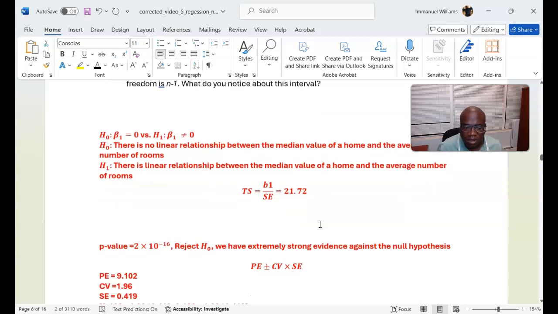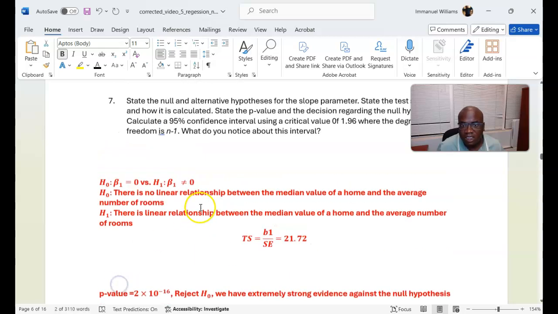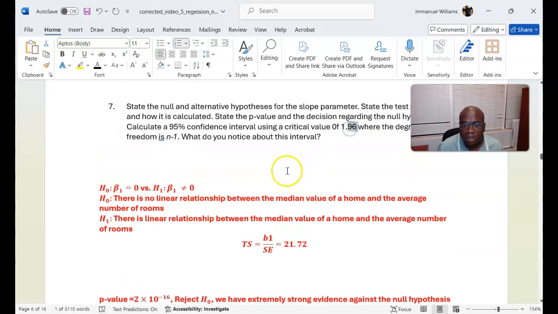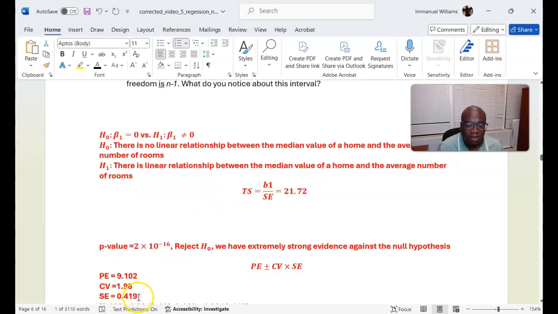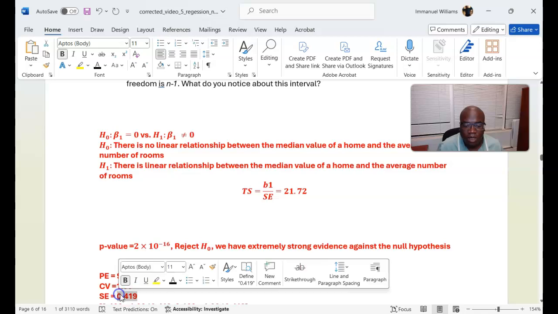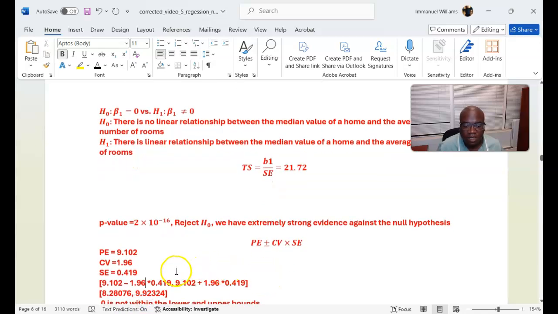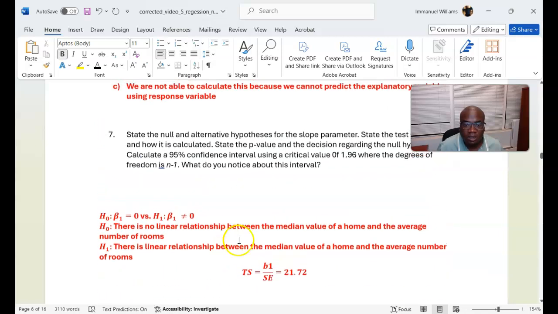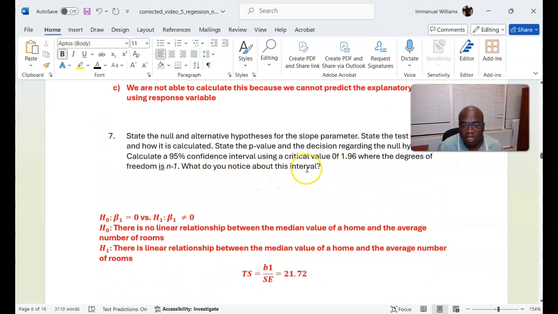Okay. So when it comes to creating a 95% confidence interval, your point estimate is going to be 9.102. Your critical value is 1.96 because I gave it to you in the problem. And then your standard error, which is given to you in the problem as well, 0.419, is going to be your standard error. And then here's the math. An important question right here is, what do you notice about the lower bound and upper bound?